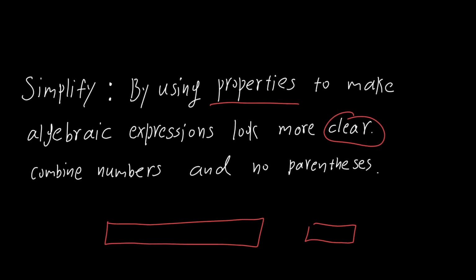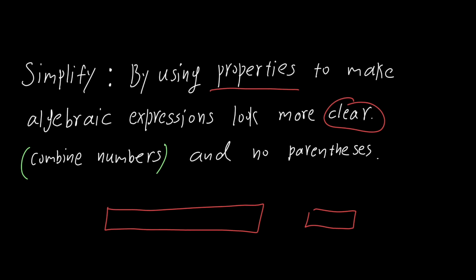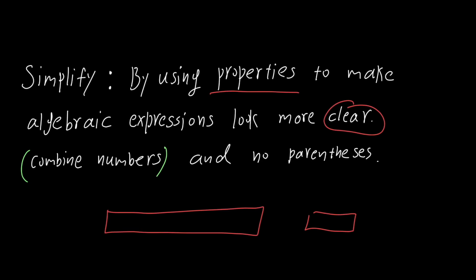And we usually combine numbers. If we see multiple numbers, we gotta combine them. Let's say we have x plus 10 plus 9 plus 100. Does that look like too many numbers? To simplify, we gotta add these three numbers together to make it look shorter and simpler.